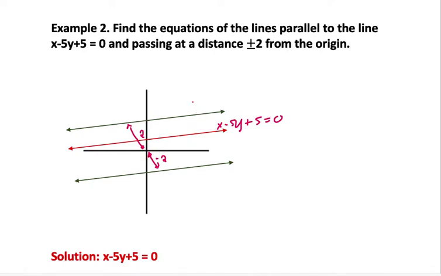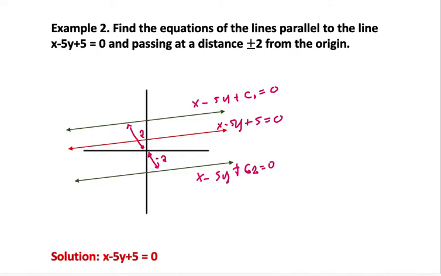Since the lines are parallel, the only change will be the value of c. So a and b would be the same. I am going to use x minus 5y plus c sub 1 equals 0. Then on this line, I am going to use x minus 5y plus c sub 2 equals 0.